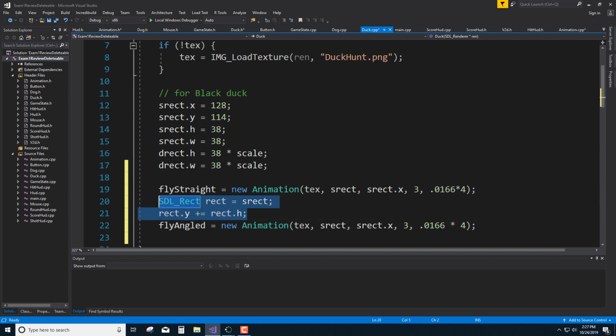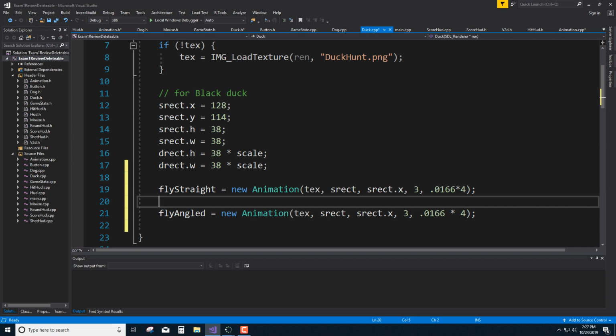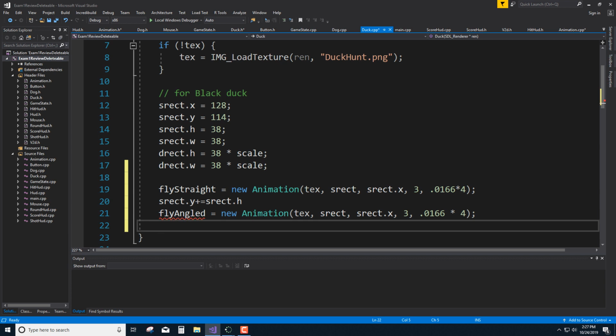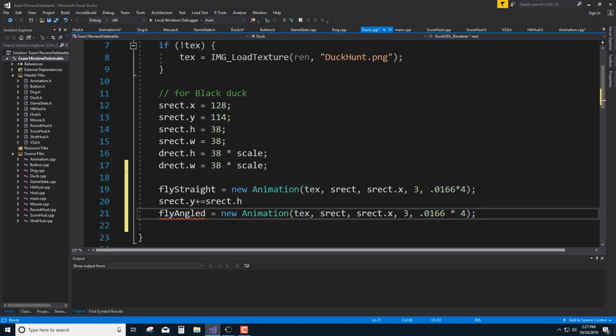That's what I did with my buttons on the last line. If we're only drawing based off the animation, then I think you're right. We can just change the Y. We don't need a new rectangle. Yeah, that makes more sense. I was thinking we have to reset this back at the beginning, but we don't. We're going to go off the animations instead. We're not drawing straight from this rectangle.